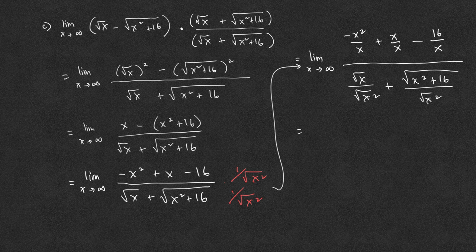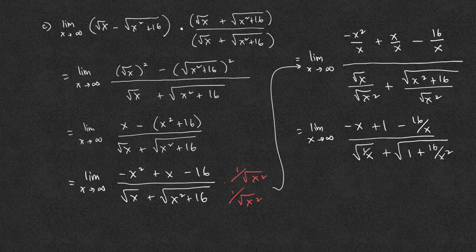And so in the numerator, we end up with minus x plus 1 minus 16 over x. And in the denominator, we have the square root of x over x squared, which is 1 over x, plus the square root of x squared over x squared, which is 1, plus 16 over x squared, where we combine the radical in the quotient.